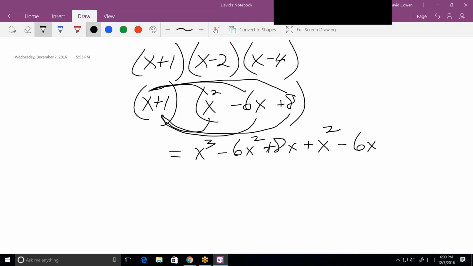Plus 8. Now, whenever you do this, you're only going to have one of those on the left side, and you're only going to have one of those. So the terms that need combining are the middle terms. So how many total x squareds do we have?